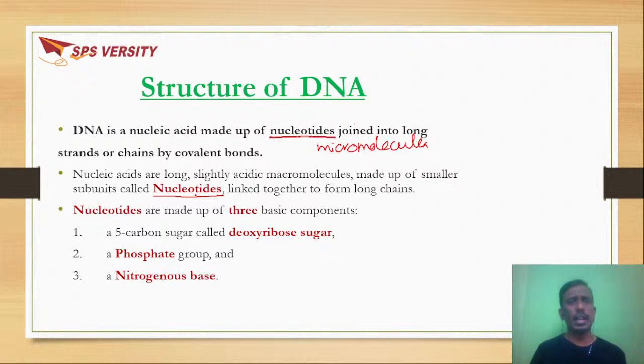What are these nucleotides made up of? Nucleotides are made up of three basic components. The first is a pentose sugar, deoxyribose sugar. As it has deoxyribose sugar, the name deoxyribonucleic acid has come.